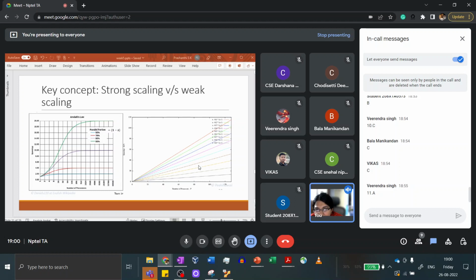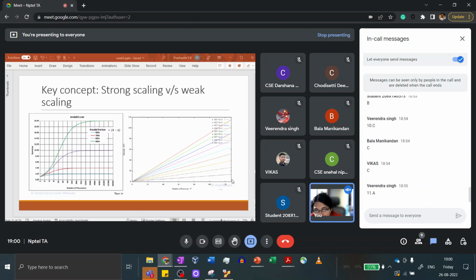So here you have speed up curves for both Amdahl's law and Gustafson's law, the strong scaling and weak scaling. And you see that in Amdahl's law, the x-axis is the number of processes and the y-axis is the speed up, right? So here you see that as you keep adding number of processes, your benefits flatten out, your curves saturate, you're now no longer getting a speed up.